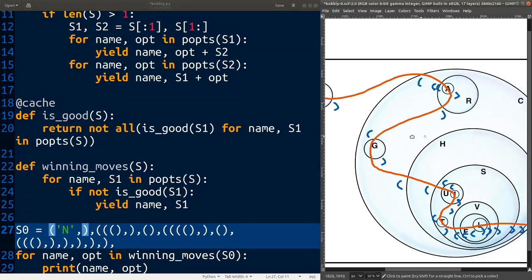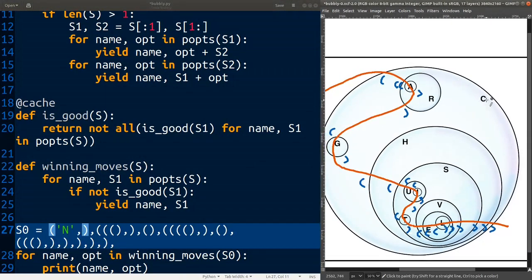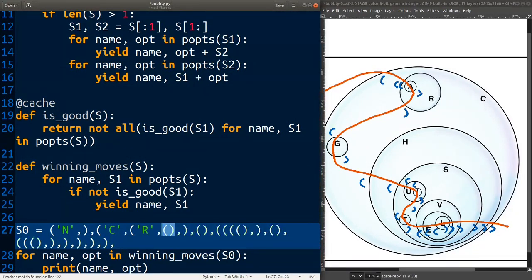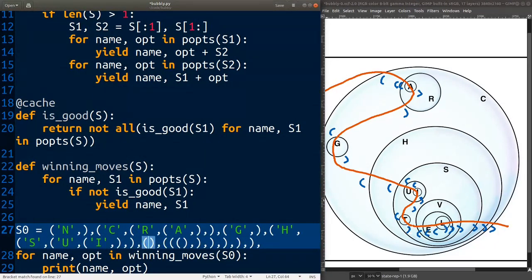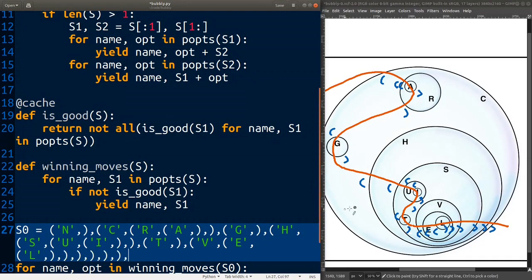This one is entering the bubble C, then the bubble R, then the bubble A. Okay, then you leave these two, enter G, and so on. All right, I think that's the right order.